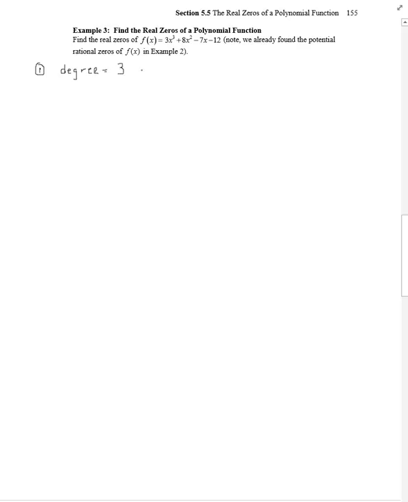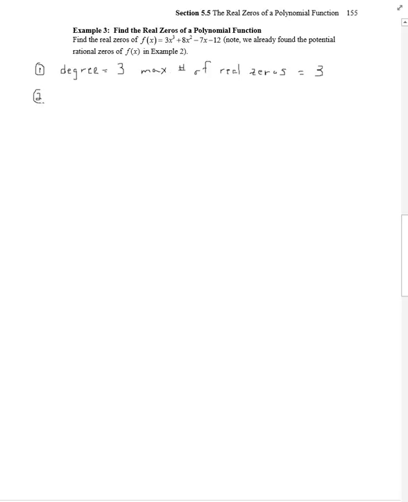So that means that the maximum number of real zeros is 3, the same as the degree.